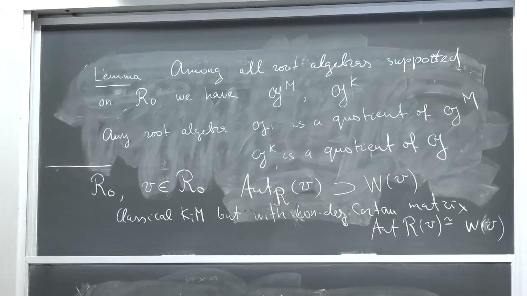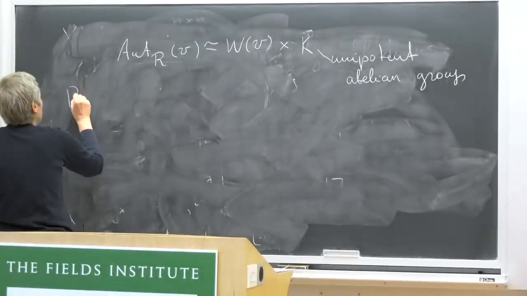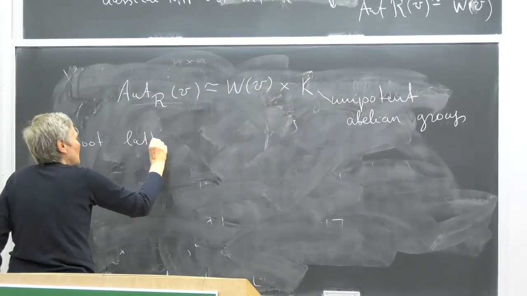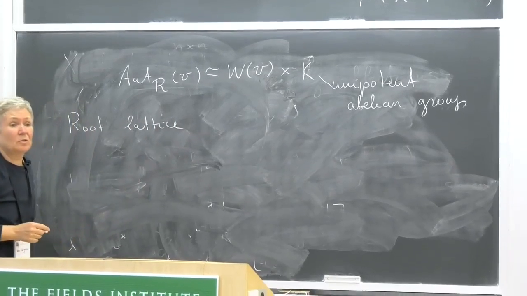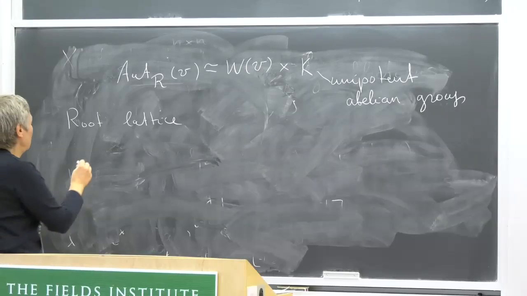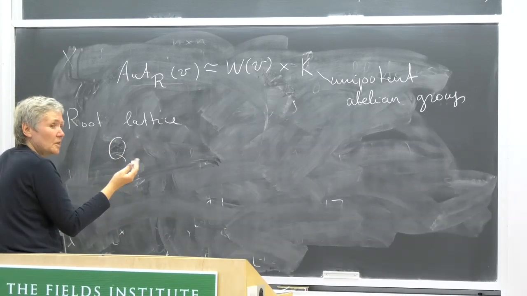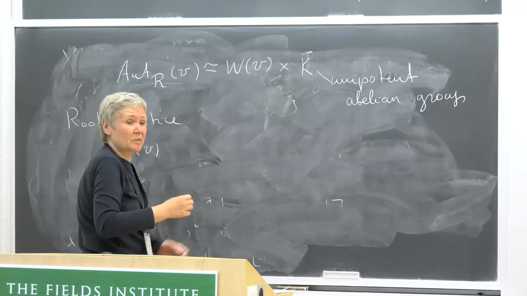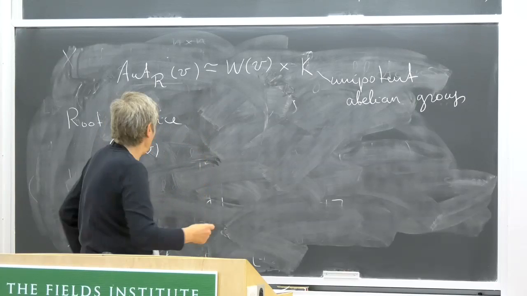Yes, so I can define roots, root lattice. And in principle, I can define it at each vertex, so root lattice Q. So I really have a lattice here. It depends on the vertex, but they're all isomorphic, of course, because I have arrows between them.